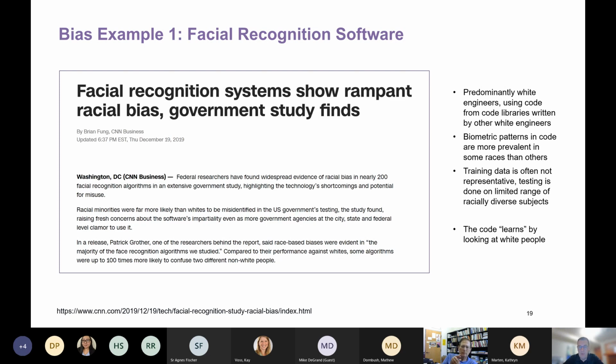When officers are able to take a picture of a suspect, they may run it against a database of faces, and an algorithm tries to compare facial features and patterns to that database and then says, hey, we have identified this suspect as person X. In reality, this works much better, with a much lower error rate, for white faces than for black faces.